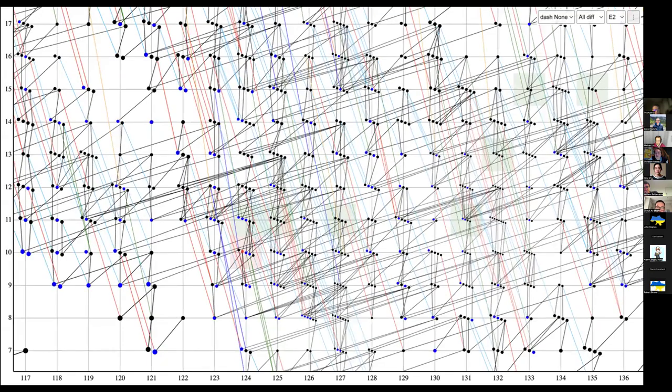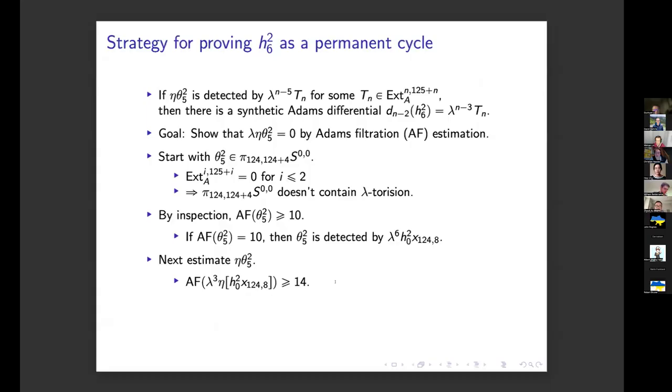The next filtration, 14, there is this dot, which I do not know the answer of, which could be a lambda-free element. So when I multiply by eta and also lambda cubed, I know the filtration will jump to at least 14. When it is 14, there's only one element, and it is this element in filtration 14.